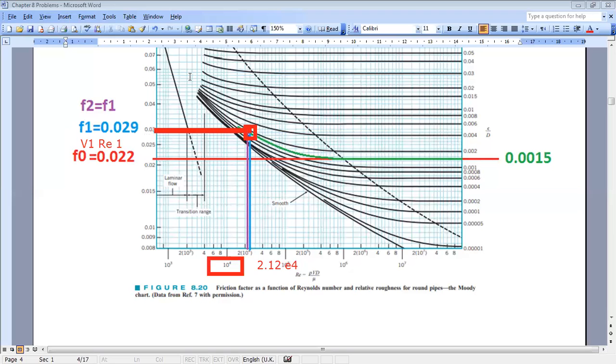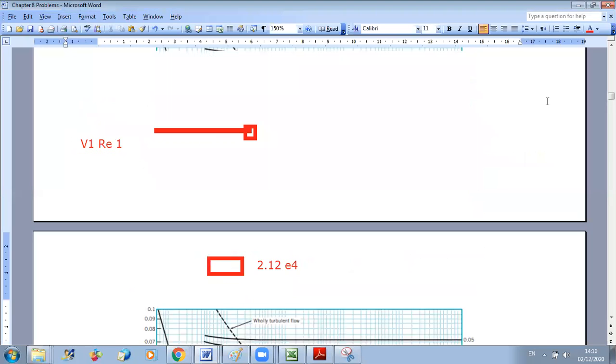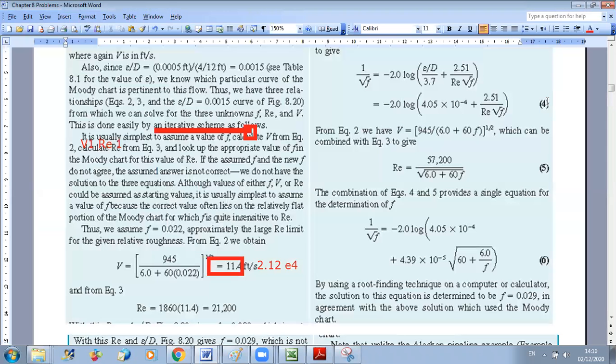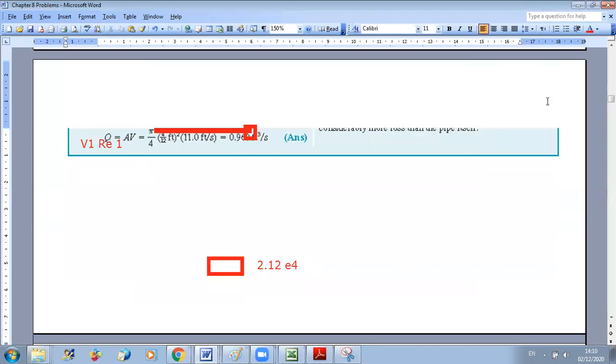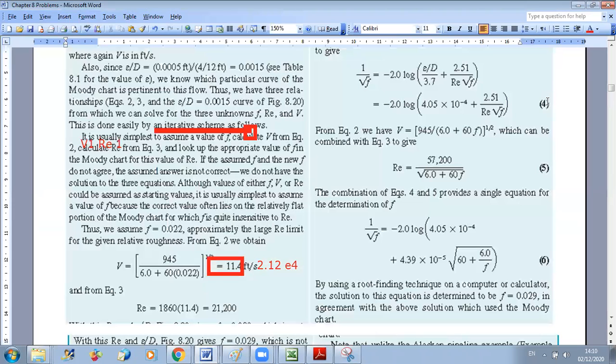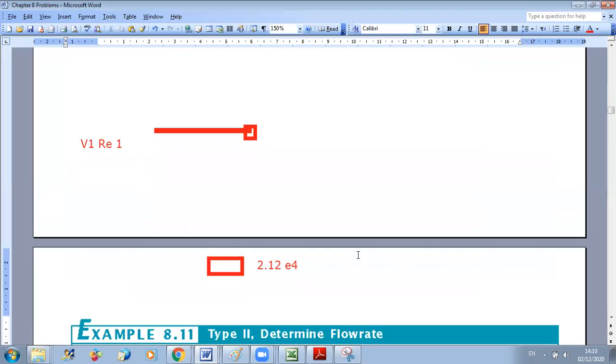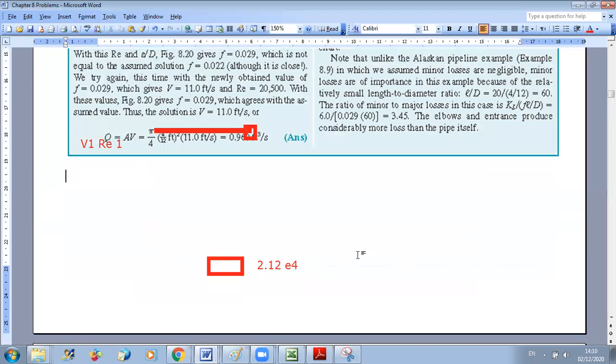Okay, so let us see what the result of the calculation was. What was the new Reynolds number? When they plugged into the relation, they obtained a new value for Reynolds, which is equal to, let me check here.